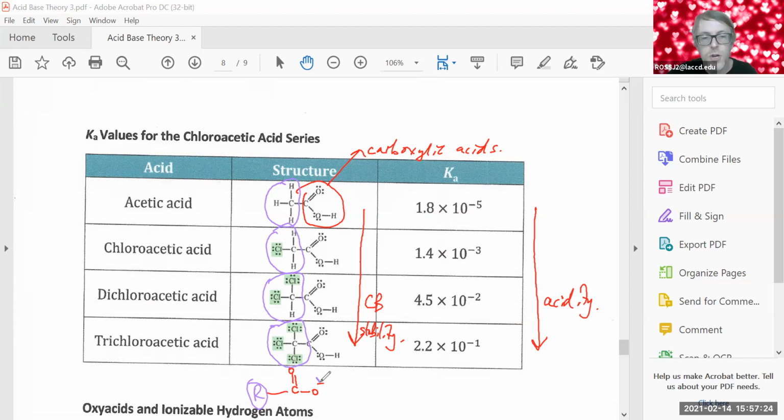So this negative charge can be stabilized not only here on this oxygen, but it can also be pulled in this direction by these more electronegative chlorines.